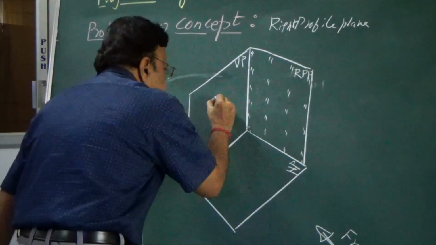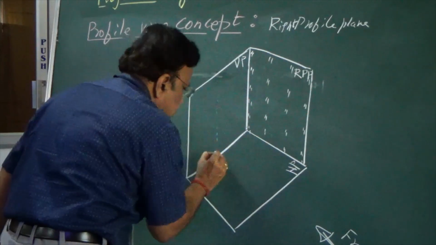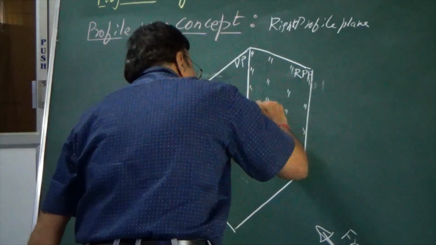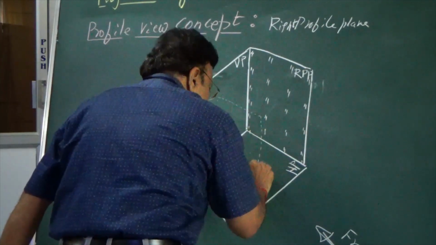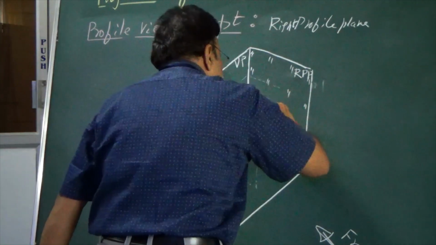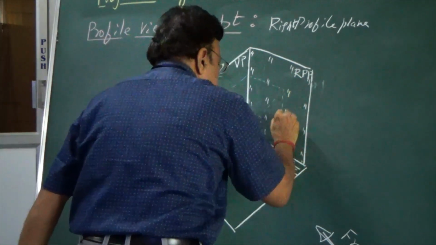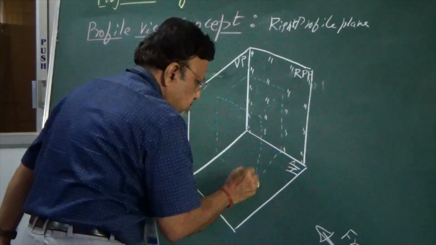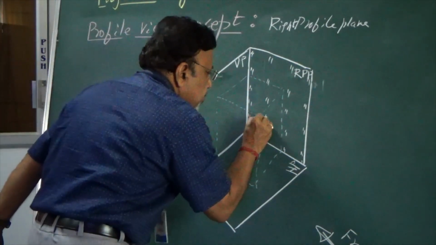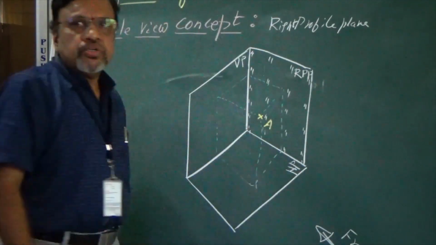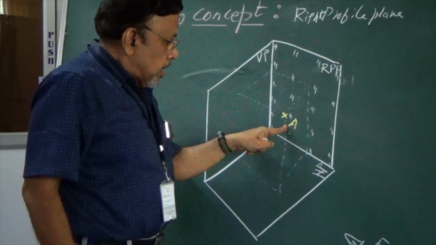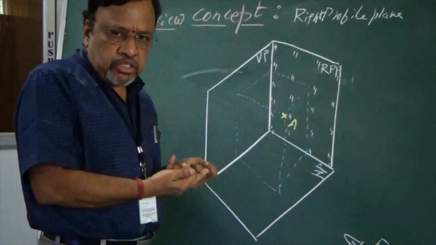So let me consider a point. Okay, now let us consider we have a point A. Now you tell me, in which quadrant is it?